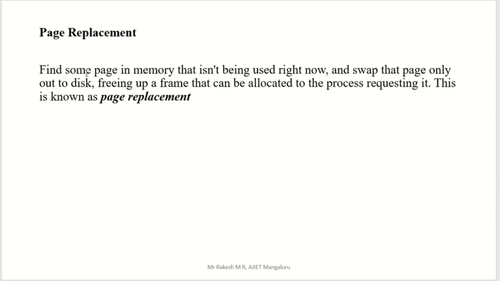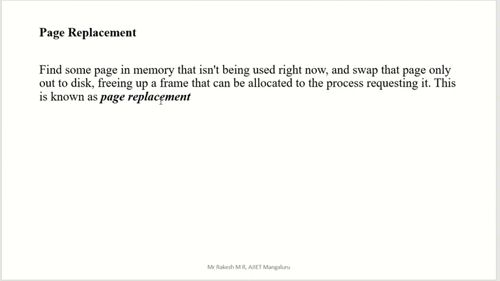Now page replacement also over. How page replacement? We have to make one of the frames blank, add that particular page in that frame and execute. We have some page replacement concepts. What do you mean by page replacement? Find some page in memory that isn't being used right now and swap that page out to disk, freeing up the frame that can be allocated to the process requesting it.